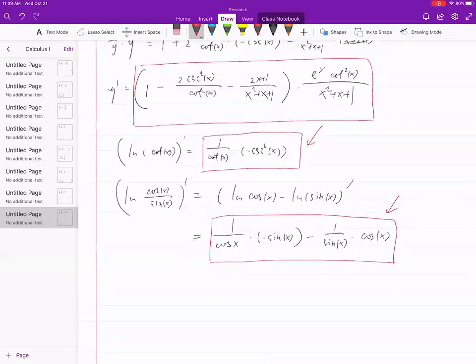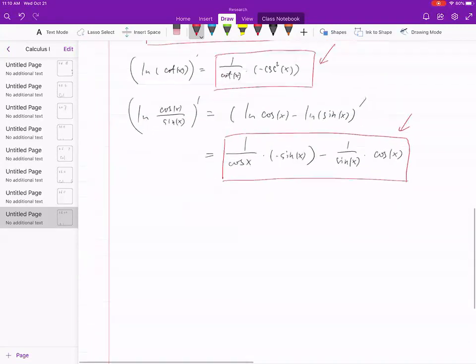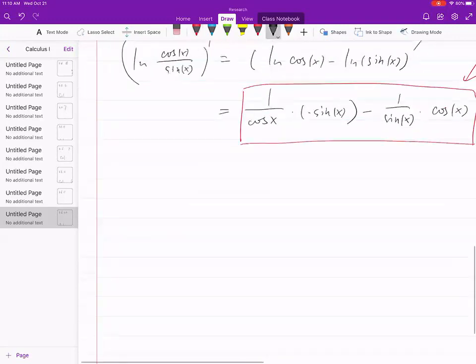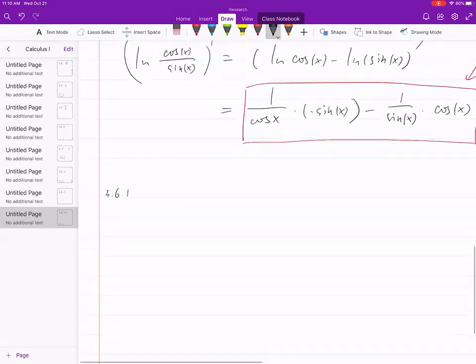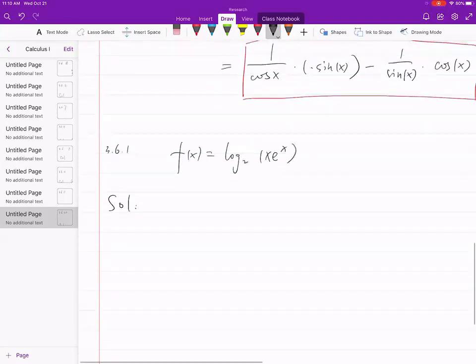All right, Aaron. 3.6, number 1. Log 2. So clearly this one is a chain rule. If you feel kind of shaky, you can first write down the formula for yourself, just for this log base 2, because it's kind of less familiar.